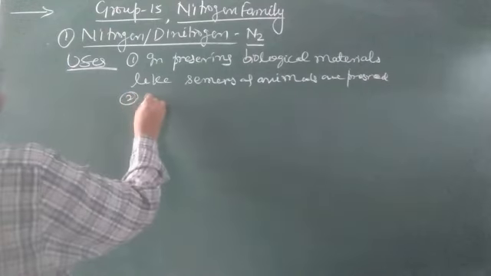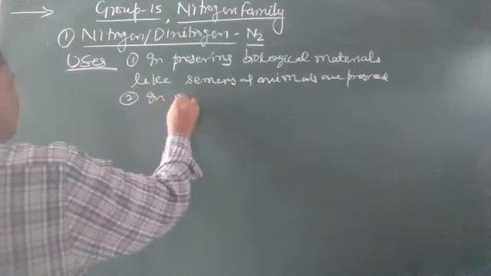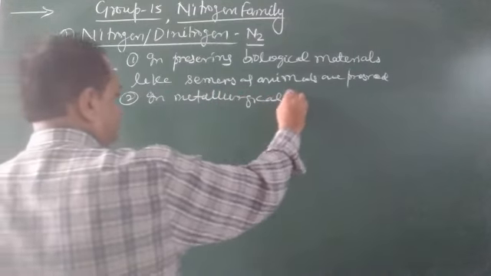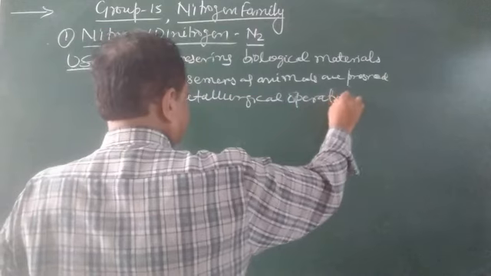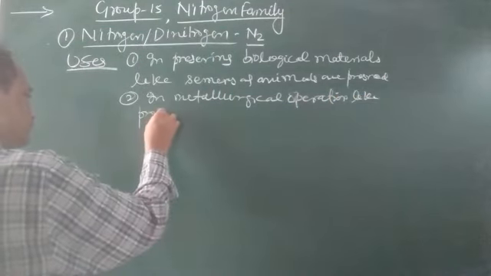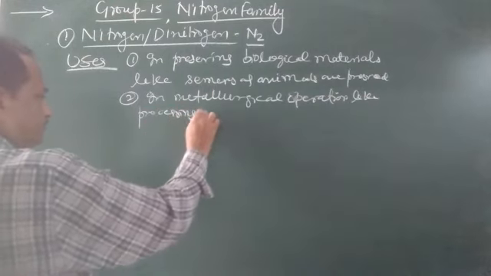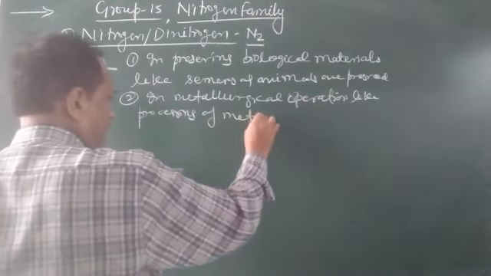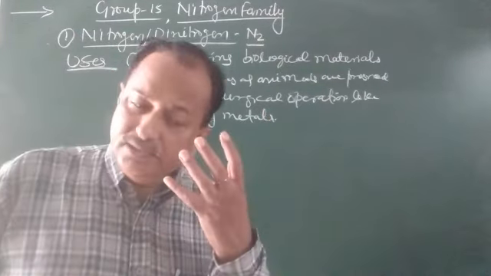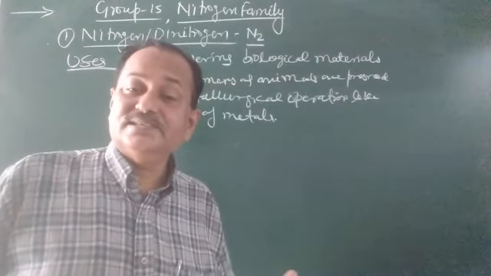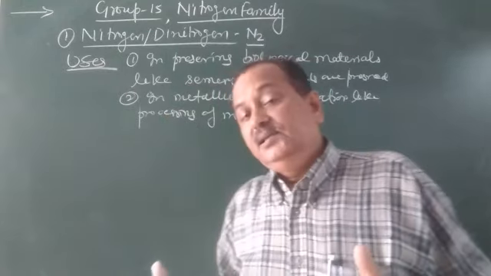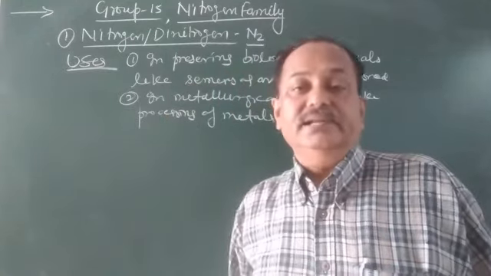Then in metallurgical operations like processing of metals, the place where metals are processed, if there is oxygen, if there is any gas, it may react with the very molten metal.